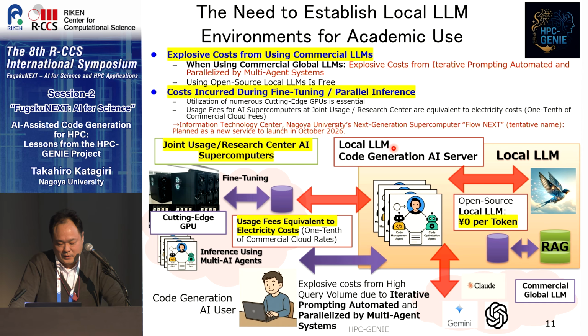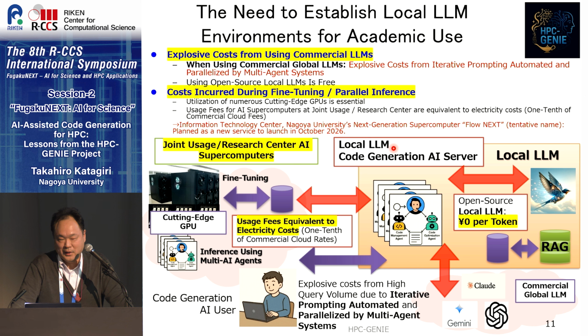I'd like to mention two issues. One issue is the very high charge rate of the LLM. If you use Claude Code, the monthly charge is very huge, so the funds of the research grant are reduced.